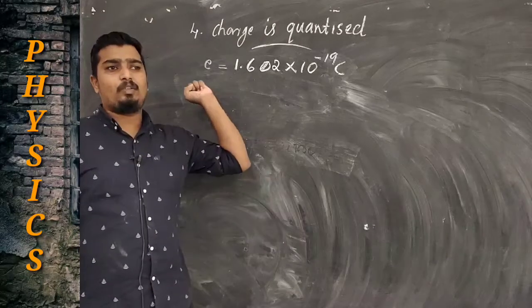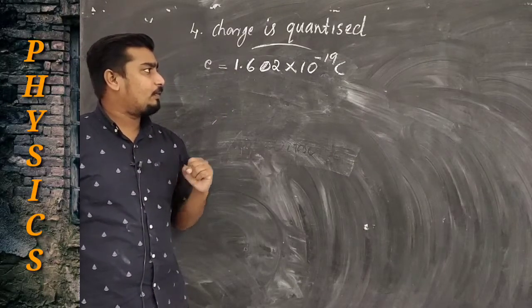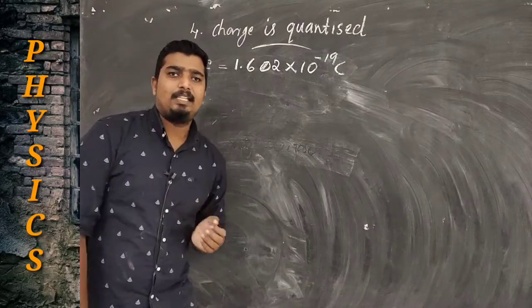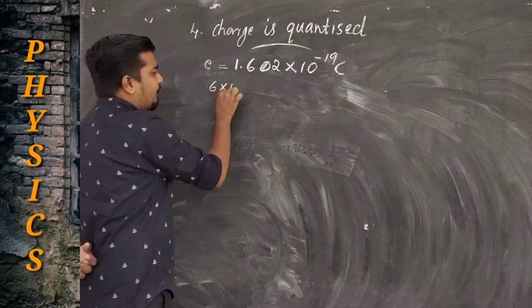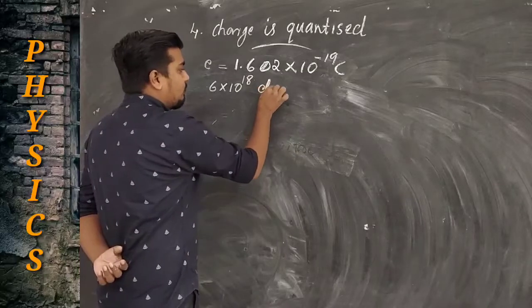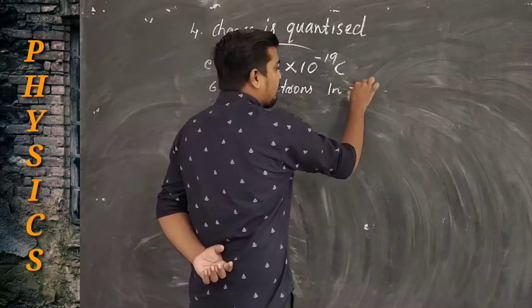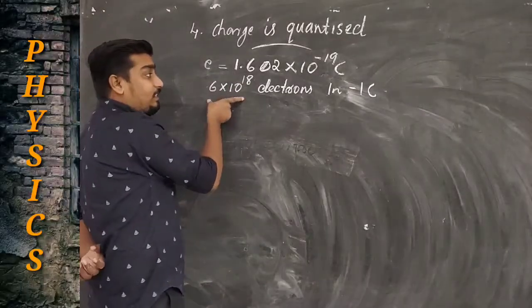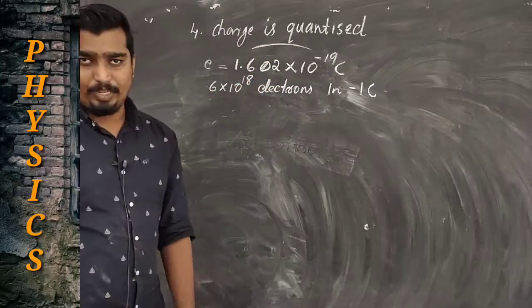In this case, there are 6 into 10 raised to 18 electrons in a body carrying 1 coulomb of charge.